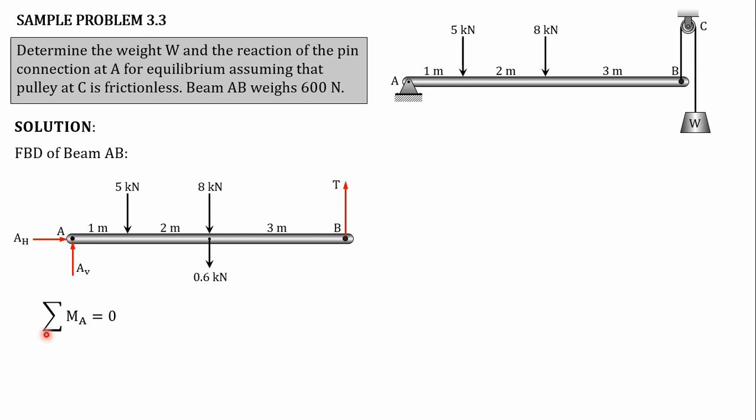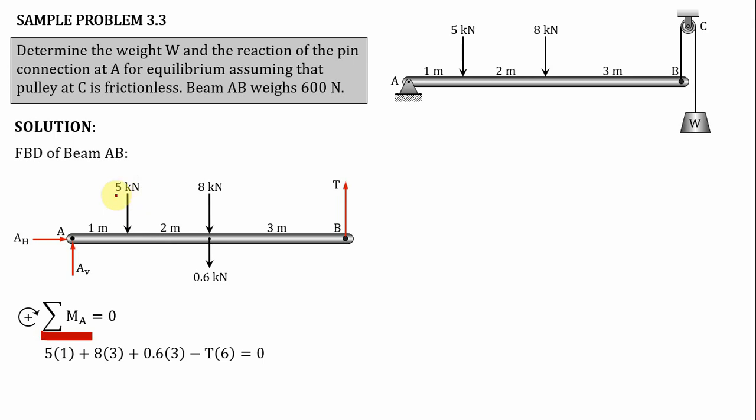And then, assume tayo, class, that going clockwise is positive. Explain ko lang, nag-moment ako dito at point A. Ito yung summation of moment. Unahin ko si 5 kilonewton, class.